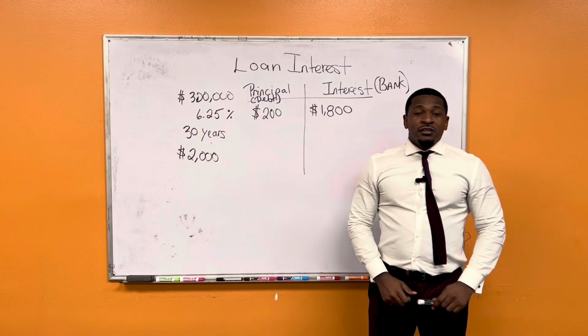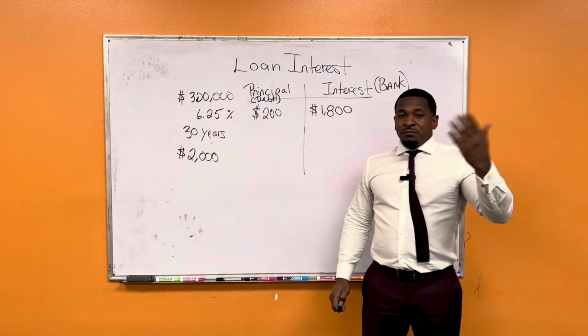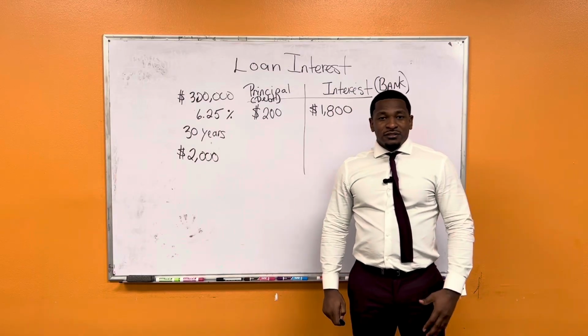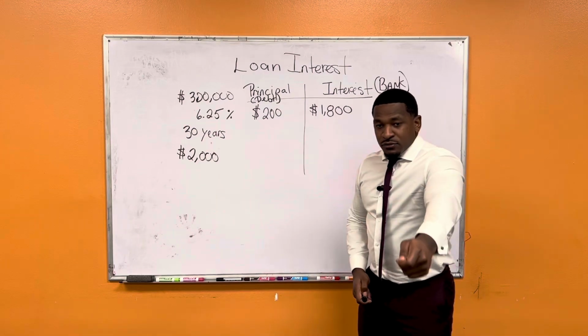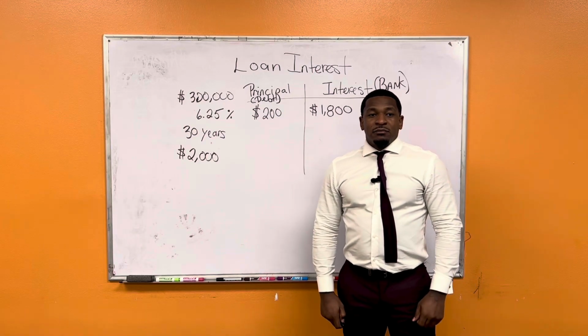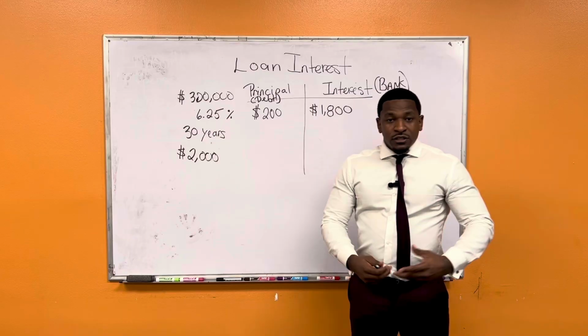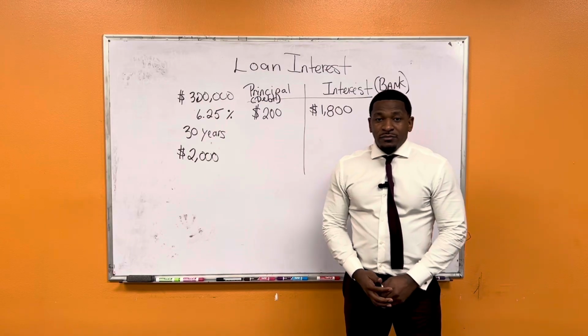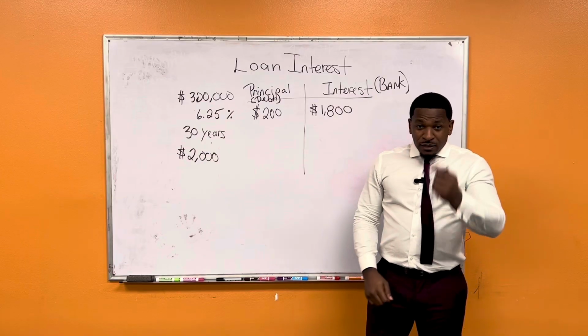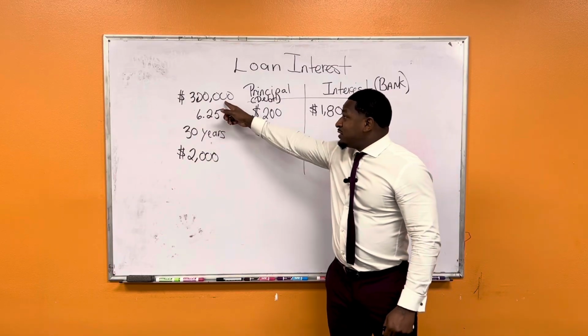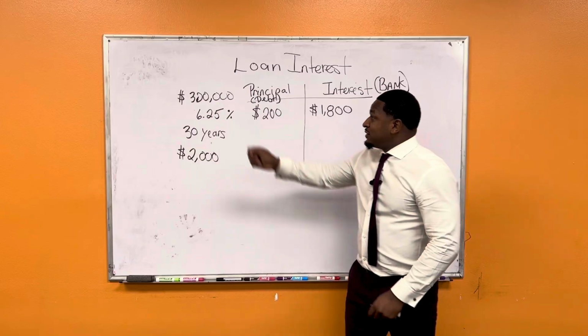So imagine, let's say the bank is a person, and I'm the bank. You give me $2,000. Oh, here go the mortgage payment. And I'm like, oh, okay. So I take the mortgage payment and I put $1,800 in my pocket. Boom. And I put the $200 towards the $300,000. Boom.